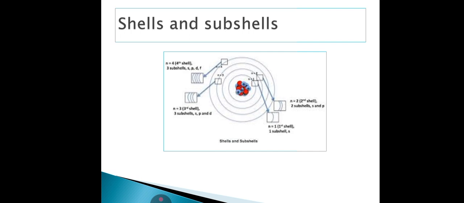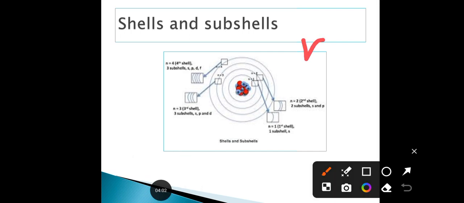According to one of the quantum numbers, which is called n, small letter n, which refers to the principal quantum number, what does the principal quantum number tell us? It gives us the idea of the energy of the electron. Students, just observe carefully.